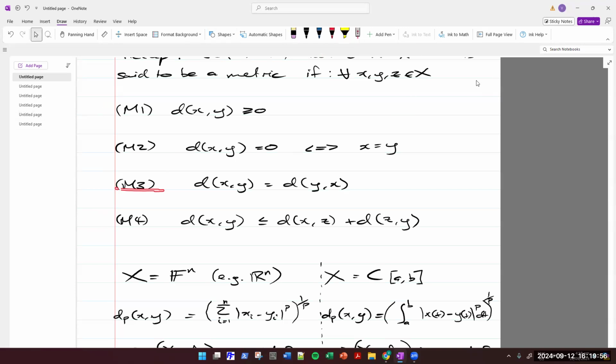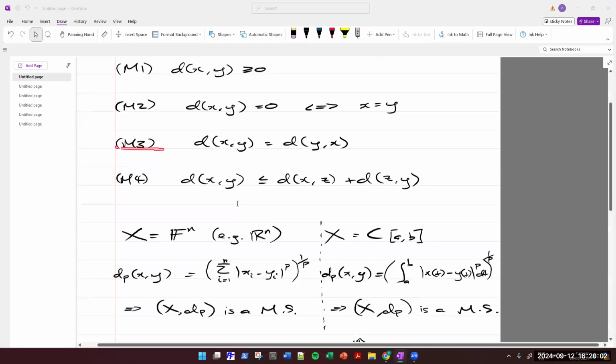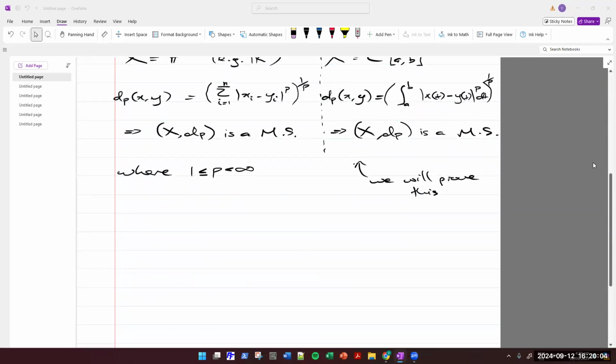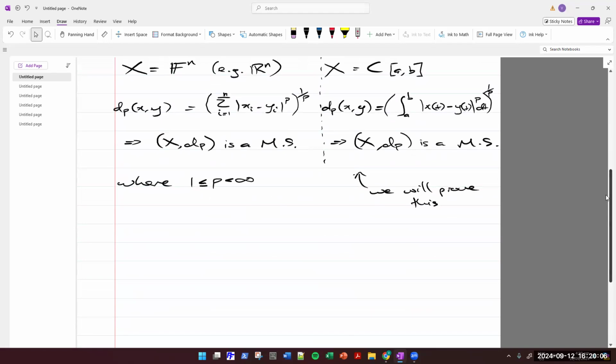And we'll see that for the triangle inequality for this one, we have to do a bit of work to get to it. In fact, it's given a special name. The triangle inequality in both of these spaces, because it's a very important inequality, is called Minkowski inequality.